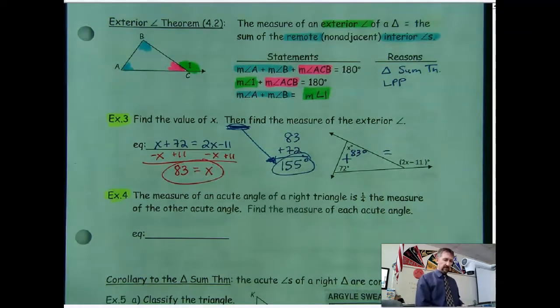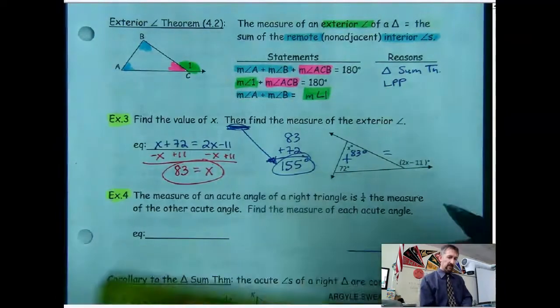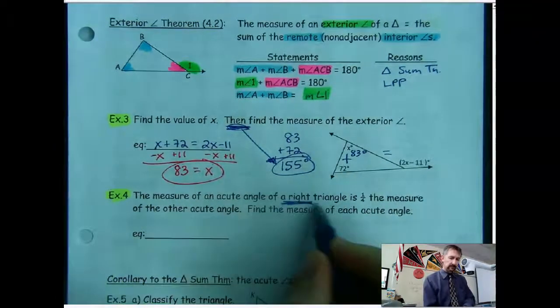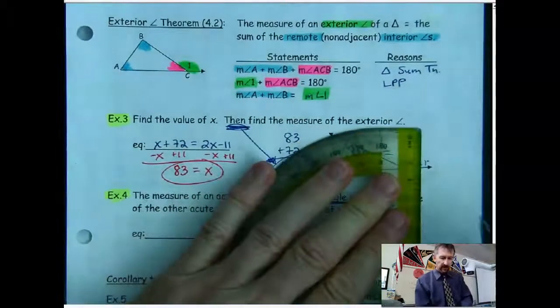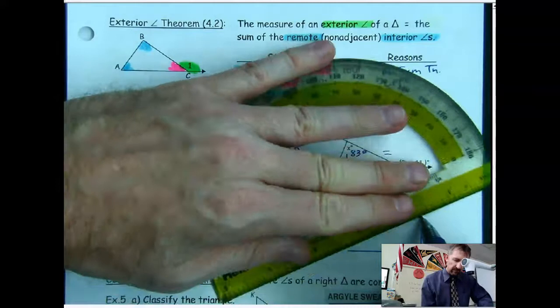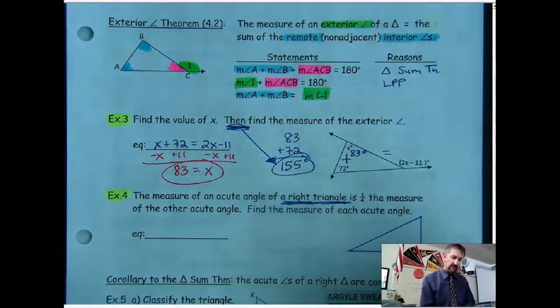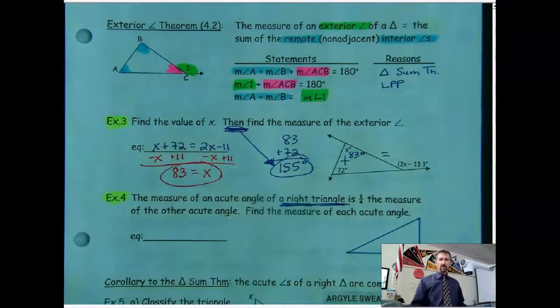Okay, the measure of an acute angle of a right triangle. So, right triangle. We've talked about many times that it's a good idea to sketch a picture, especially in geometry, but really in a lot of math classes, there's times where it's good to draw a picture.